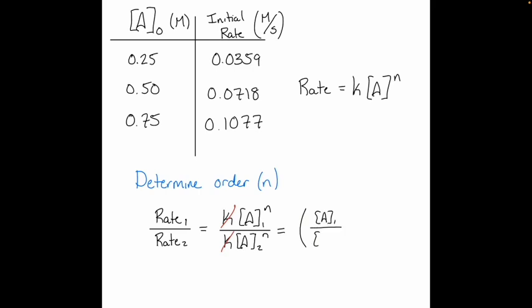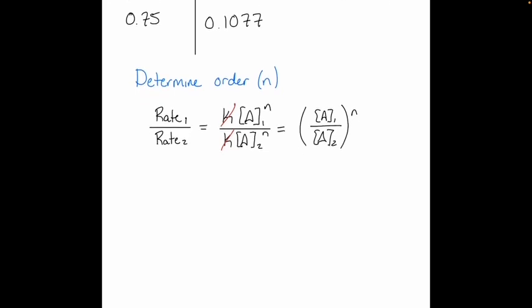All right, so just like before, I'm going to take the ratio of my two rate laws. That will help me cancel out that unknown variable k. I'm going to take the log of both sides to pull down that n.